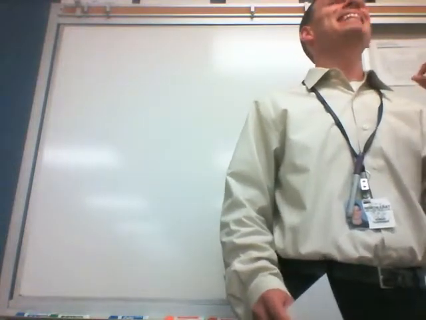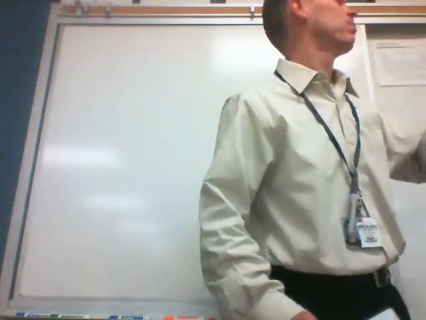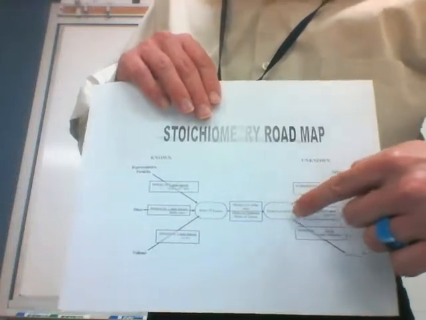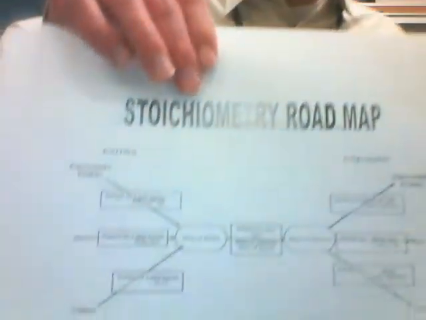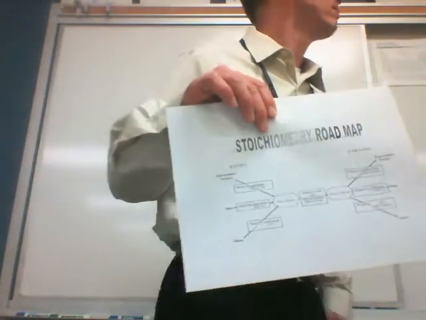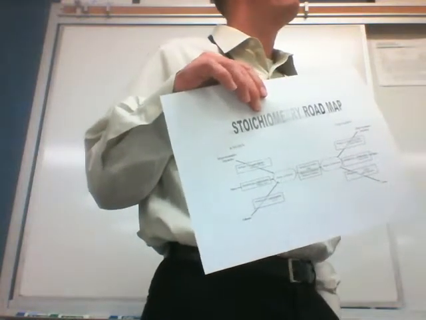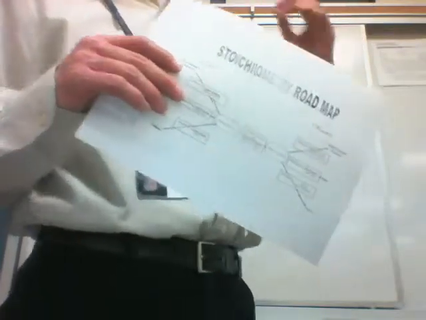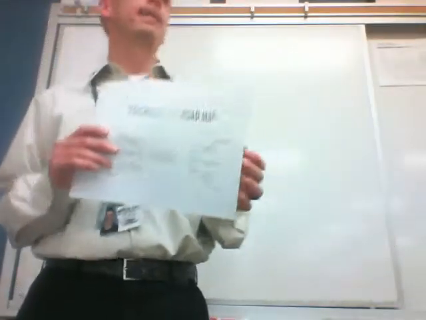If the question is asking you to find moles, you get to end right here in this circle. But if it asks you to find anything else, down there it says other unknown, then it's going to send you to one of those outer rectangles.